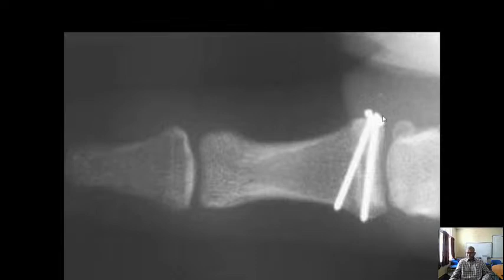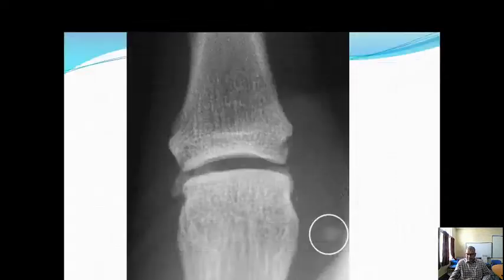We go with K-wire fixation or screw. You can see that this fragment here is fixed to this fragment and K-wires are applied.